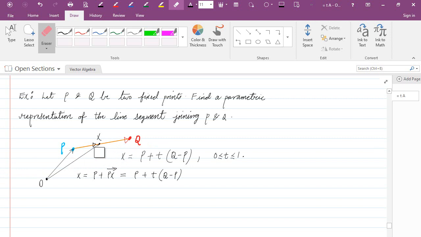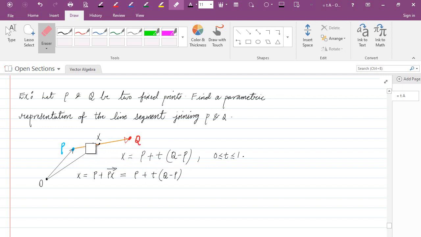Well, obviously we know that x would be P plus t times a vector parallel to the line segment, right?